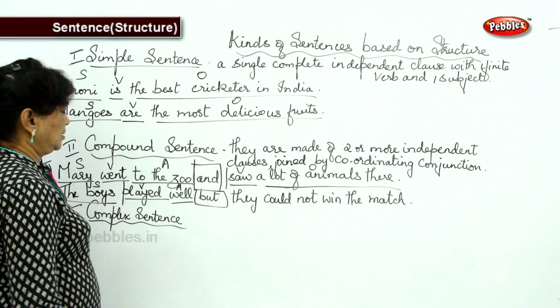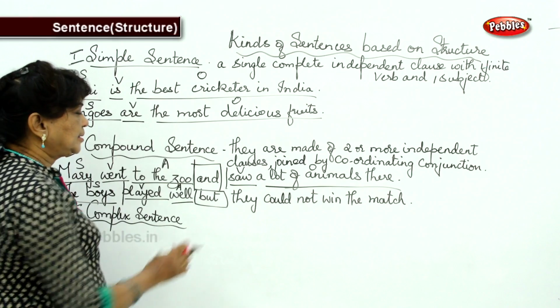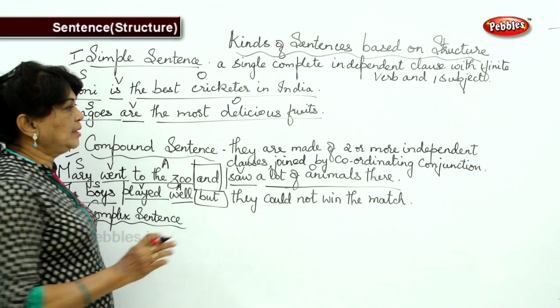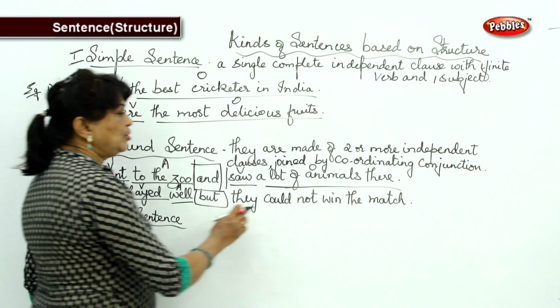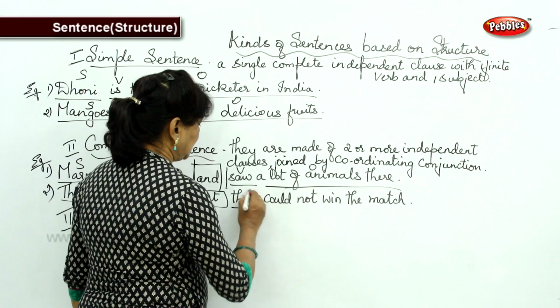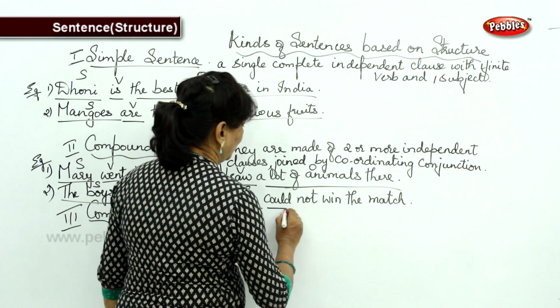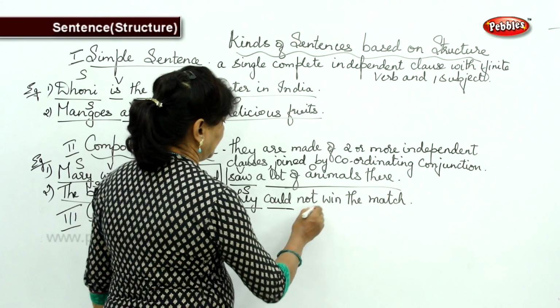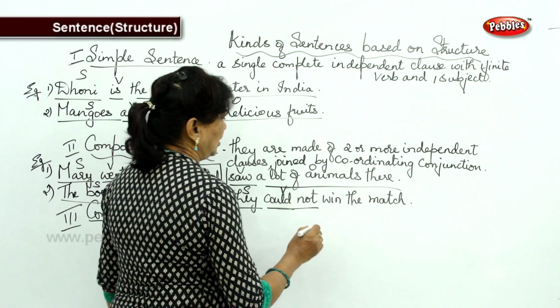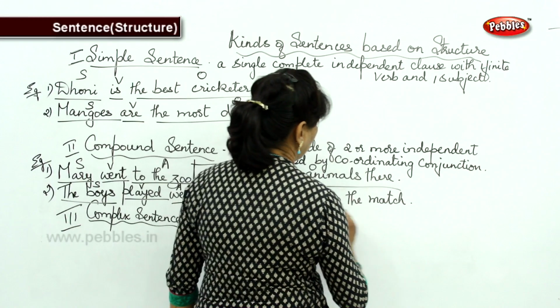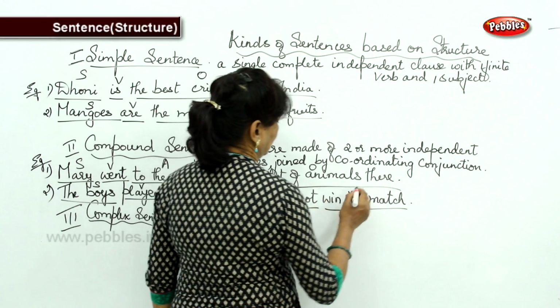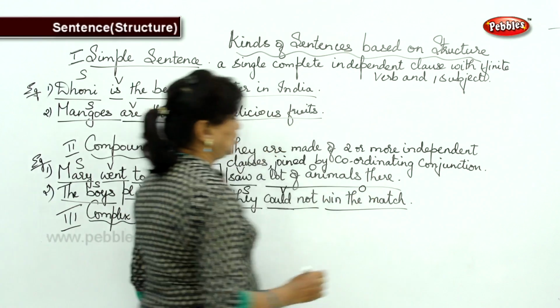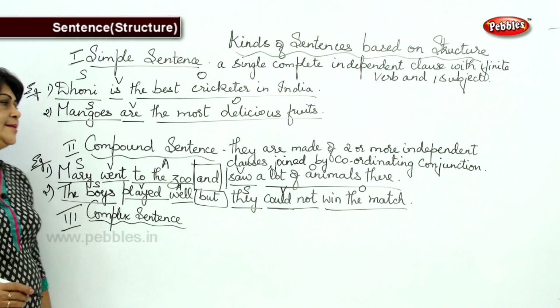Well, adjunct. But is a coordinating conjunction. They could not win the match. They is the subject, could not is the verb, and could not what? Win the match. So this is again the object of the sentence.